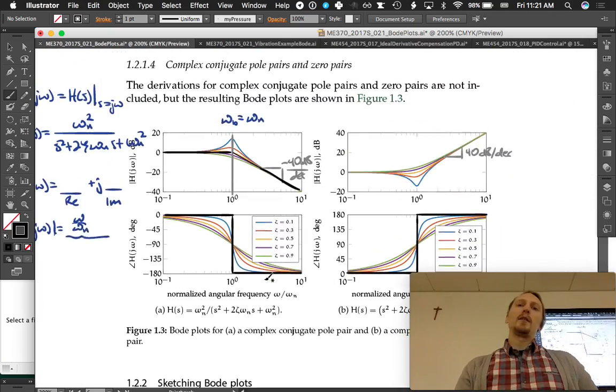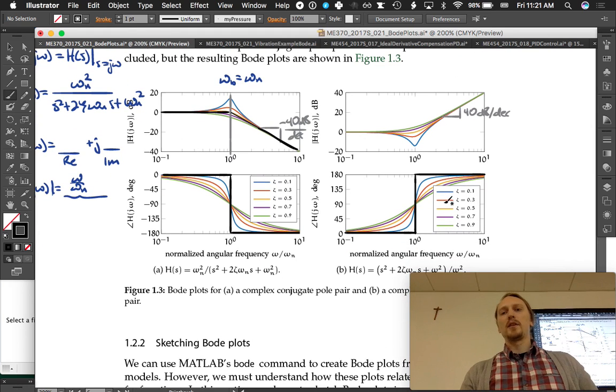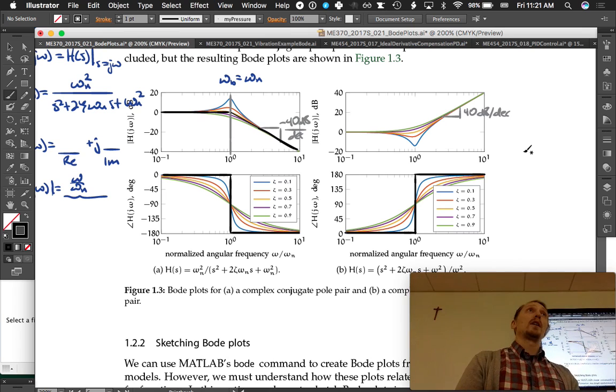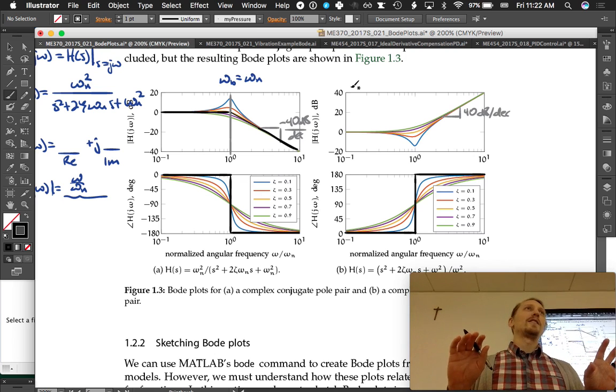And then we learned about how to sketch a second order conjugate pole pair and conjugate zero pair. We learned all of those. And what I said at the beginning of all that is, if we learn all of those, we're going to be able to rewrite our higher order transfer functions as products of these types of systems.